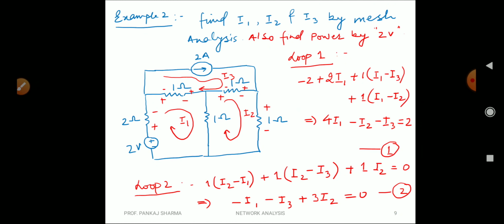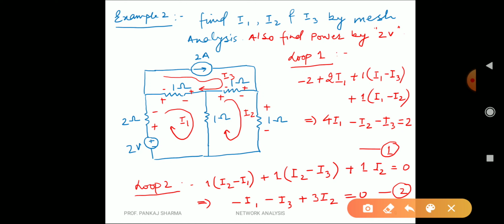Let us move towards example number 2, which is very much based on example number 1. It is not generalized, it is specific. We have values of resistance and we will have values of the currents. The question is, find I1, I2 and I3 by mesh analysis. Also find the power by the 2 volt source. So see this.